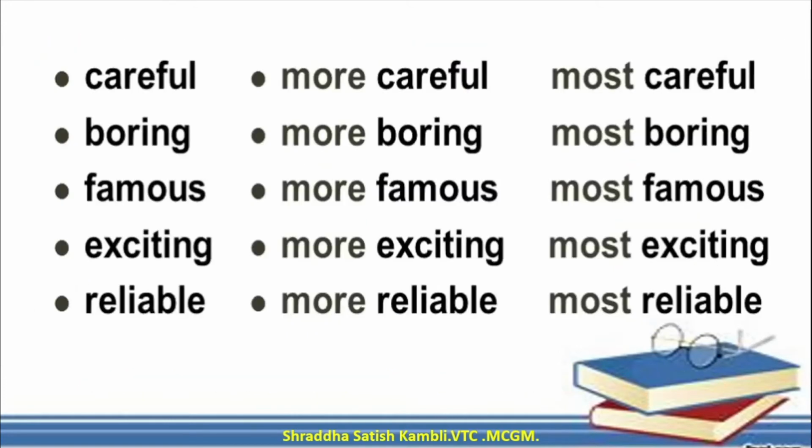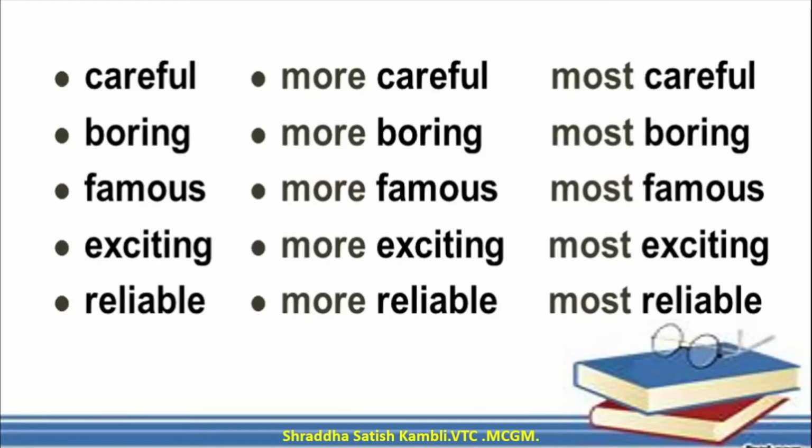Let us take this example now here. Careful, I told you, some of the adjectives take more and most before them. They do not take er and est after them. Okay, so for careful we have more careful, most careful. So how will you write? More careful than, the most careful. Okay, so see, you will not write carefuler and carefulest.